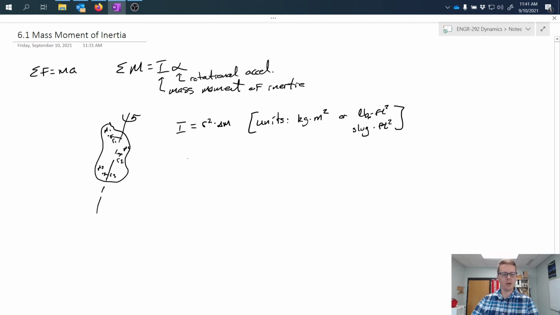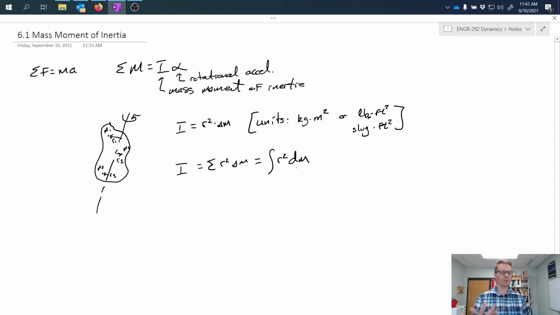And if this is the equation for just one mass particle, then we should be able to see that we can calculate the net mass moment of inertia for the rigid body by simply summing all of these little contributions of mass. Now, we also know that the summation of these little differential units of m can also be expressed as an integral of r squared over the mass.